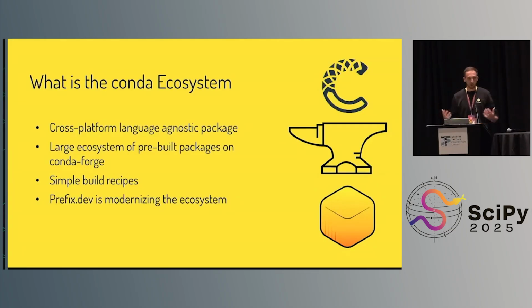But so I've been talking about this problem. What is actually the solution? So in our opinion, the solution is the Conda ecosystem. So Conda ecosystem is a cross-platform language-agnostic package manager, meaning that you can run this on both Windows, Mac, and Linux, and for any language. So all the previously mentioned languages are all supported through this ecosystem. And then it's already been a pretty large ecosystem for a long time.